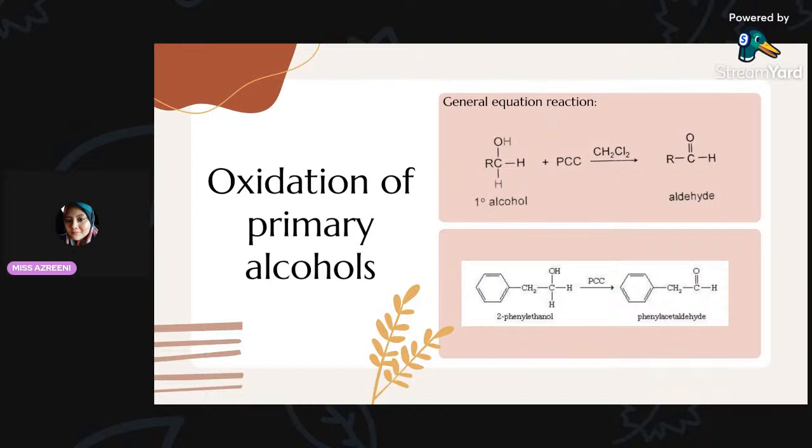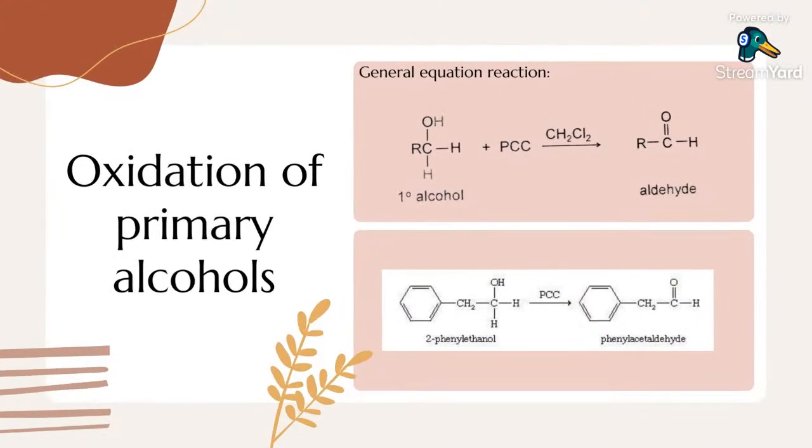Jadi kita boleh tengoklah example dia di sini, which is 2-penyl ethanol bertindak balas dengan PCC dan CH2Cl2 menghasilkan aldehyde. Kita boleh tengok di situ terdapat 2 hidrogen hilang apabila bertindak balas dengan PCC dan 2 penyl etanol yang merupakan salah satu contoh primary alcohol.